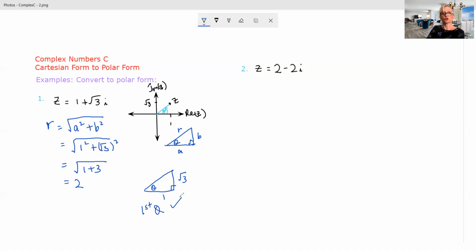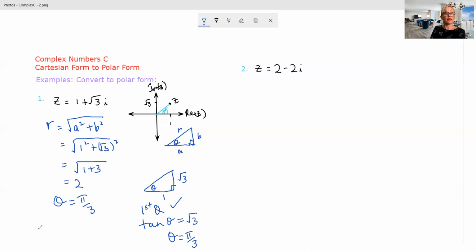We know that for sure. And we know that tan of theta is √3. Thinking back to our exact values, what angle has a tan of √3? Pi on 3 is correct. So theta is pi on 3 in that first quadrant.